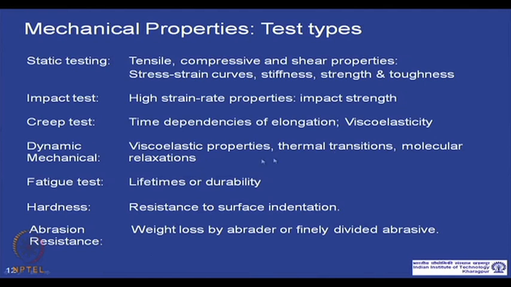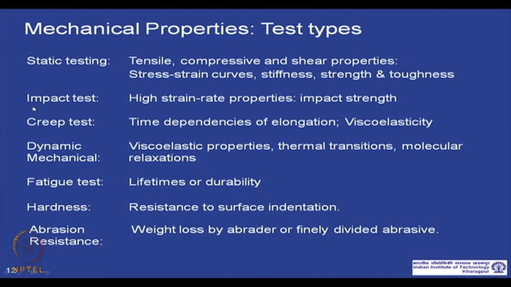What these tests mean is written here. You can just read. Fatigue test is for determining the lifetime or durability. Hardness is the resistance to surface indentation. Abrasion resistance is the weight loss caused by a fine abrader or finely divided abrasive particles.